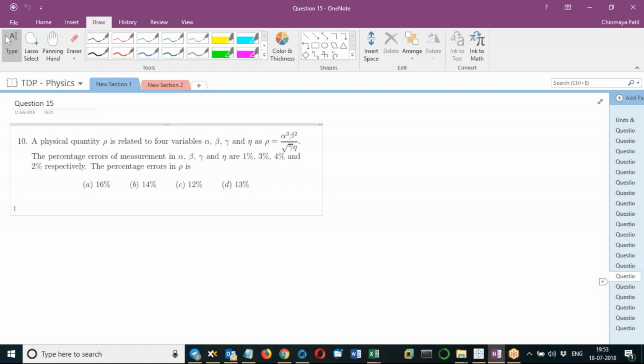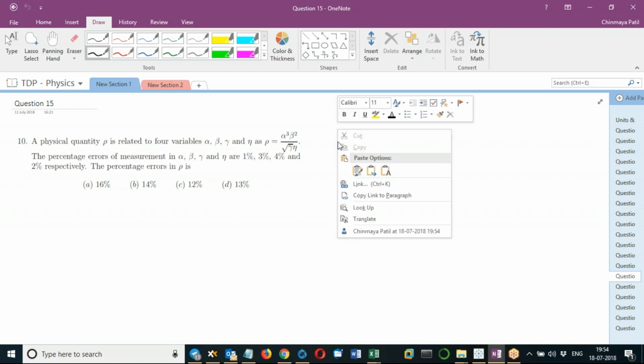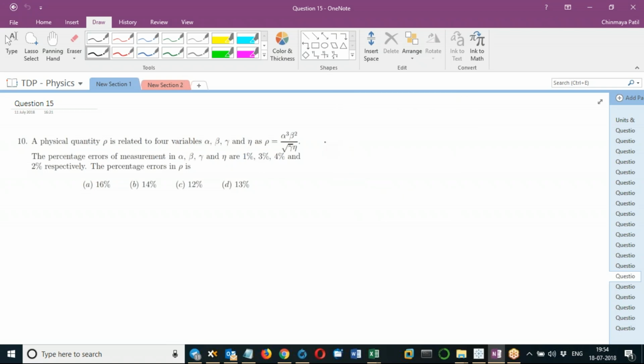So according to the question, rho is given as alpha cube into beta square divided by square root of gamma into eta.